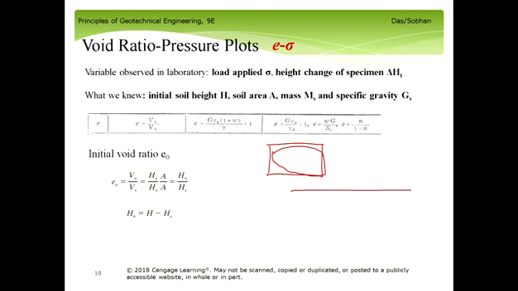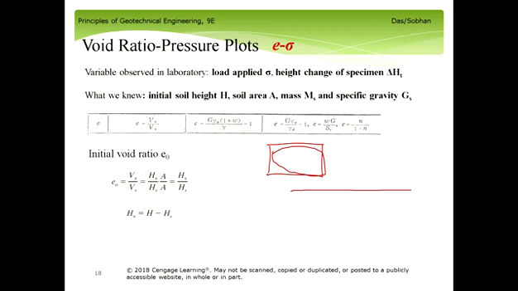Another reason is that one dimension simplifies the problem. If it is three dimensional, the volume change and the settlement are not easy to calculate. Here, because the area never changes, as long as you measure the vertical displacement, the height change of the specimen, you can estimate the settlement.